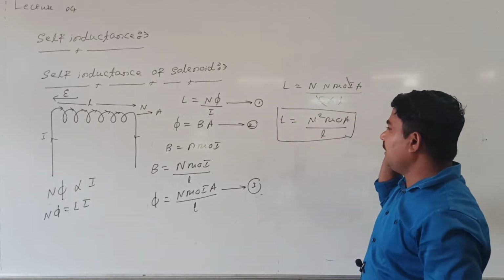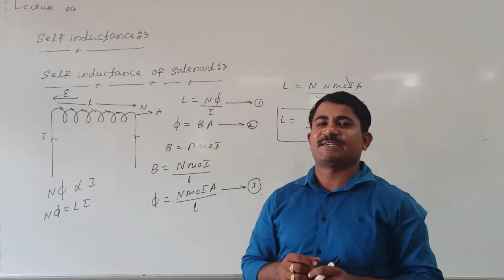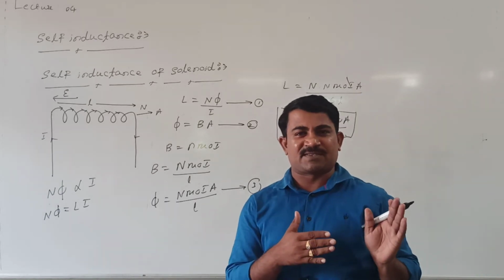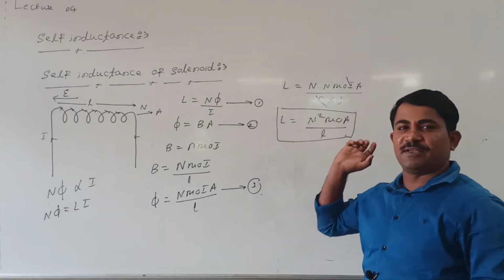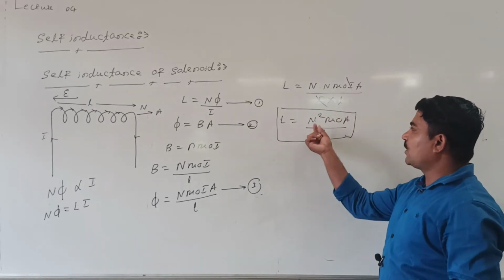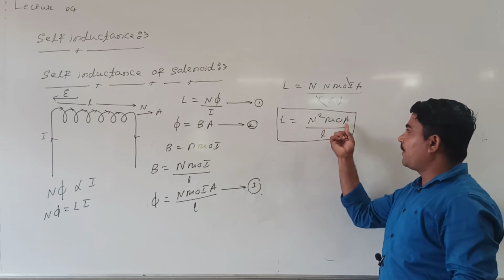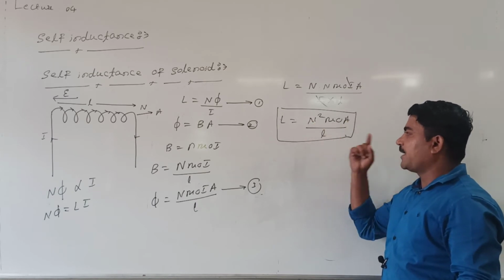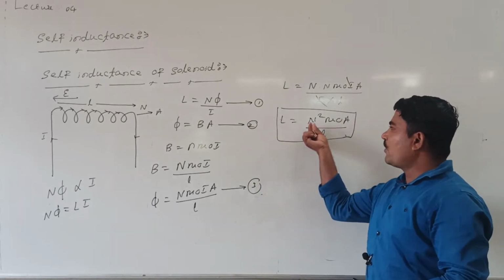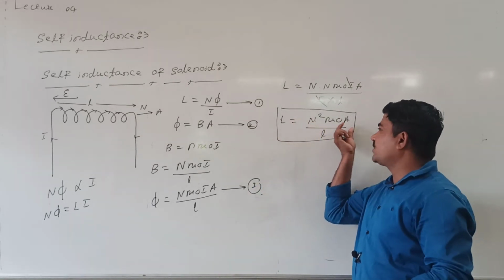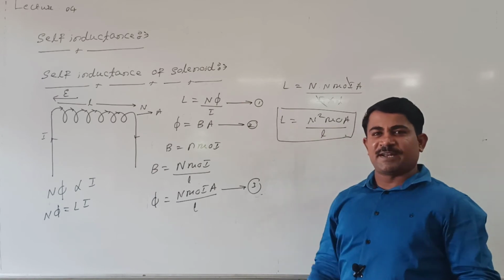From this, what do you conclude? The self-inductance of the solenoid does not depend on current, nor on change in magnetic flux. It depends on its geometry: the square of the number of turns, the area of each coil, and the length of the coil. If the length decreases, or the number of turns or area increases, the self-inductance will increase.